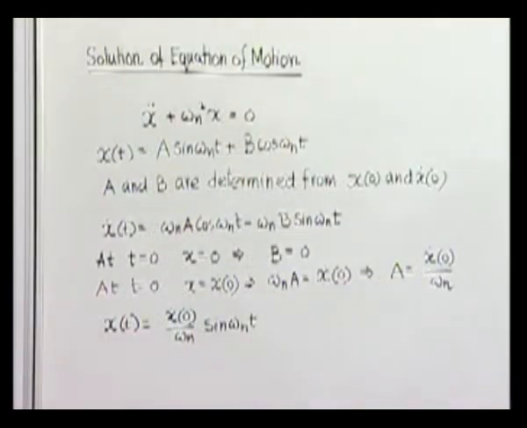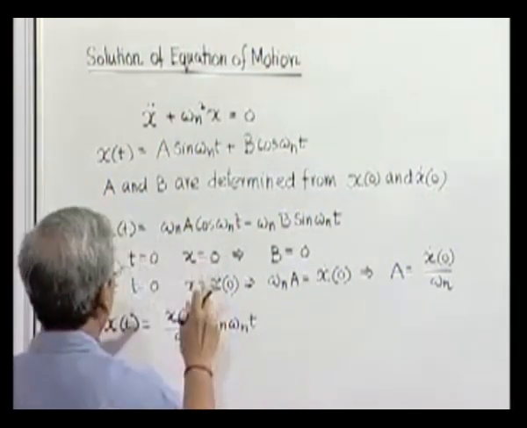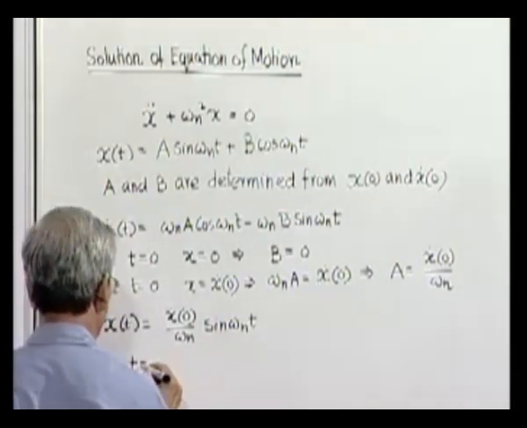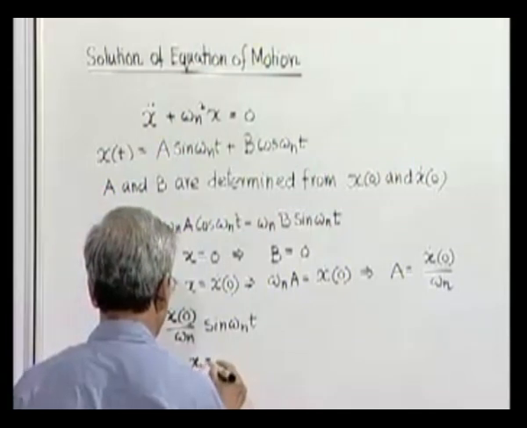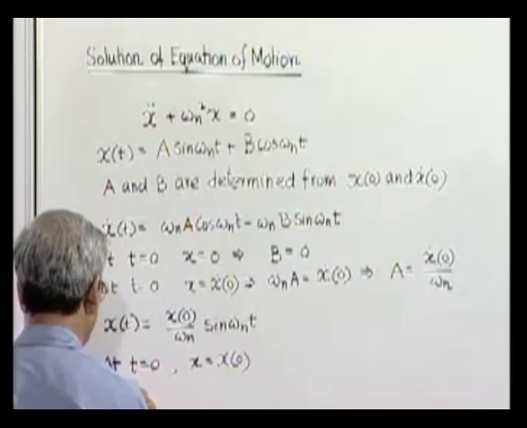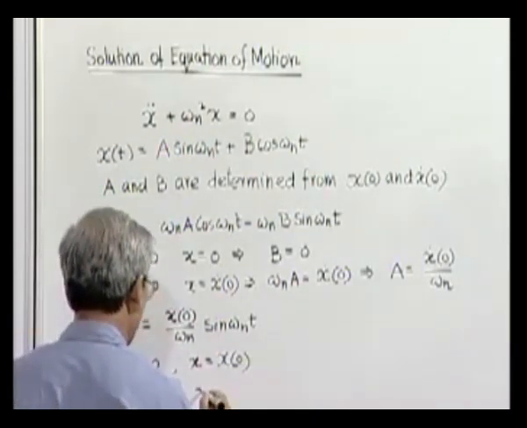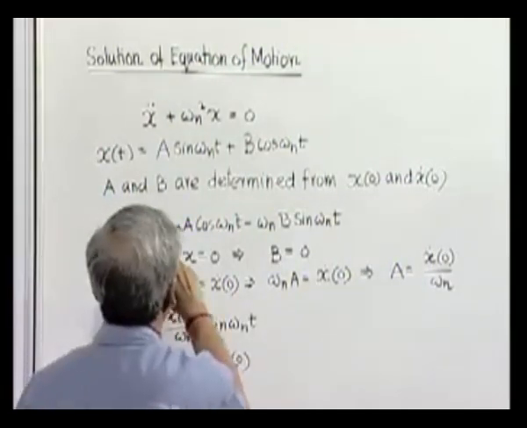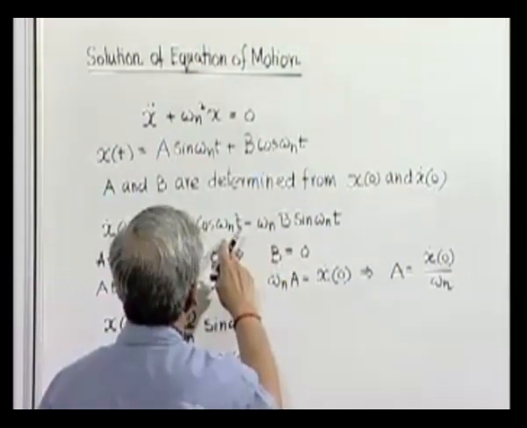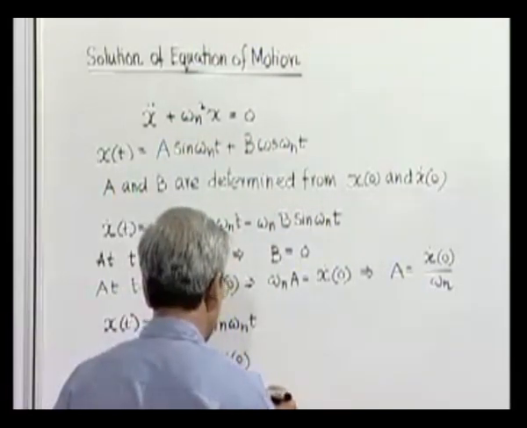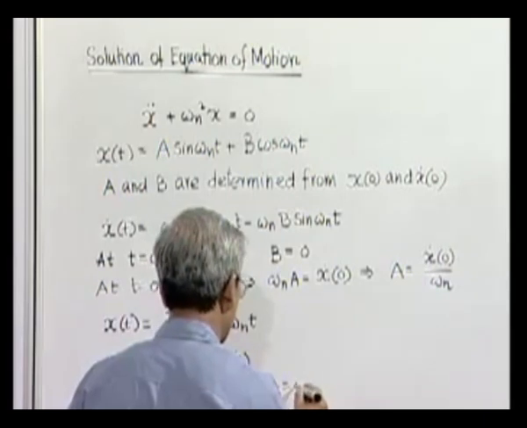If we do the other way, that we give initially some displacement but no velocity, then what happens? At t is equal to 0, x dot equal to 0. Now, if x dot is equal to 0, if you put t is equal to 0, what remains? Omega n a. Now, omega n a equal to 0, that means a equal to 0.